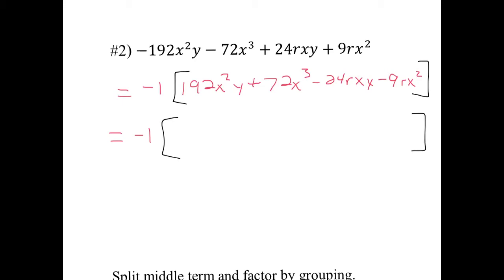When I group terms together, it's extremely important that I have a plus sign between my groups. Plus. So this, where it did say subtract 24rxy, I'm going to make a plus sign here and change that from a subtract to a negative 24rxy.